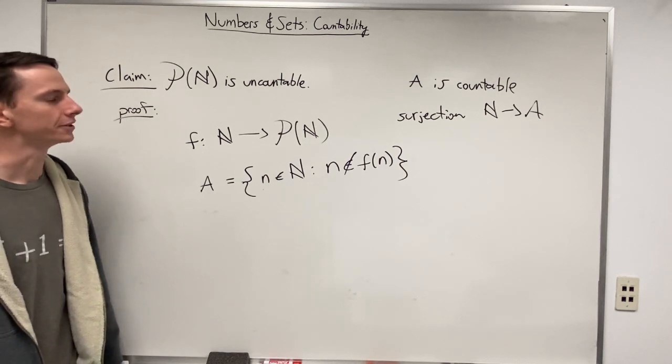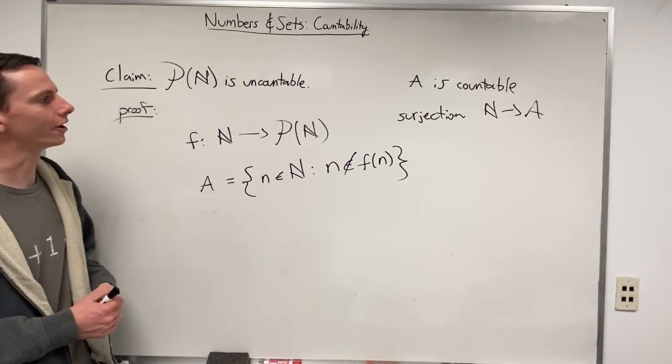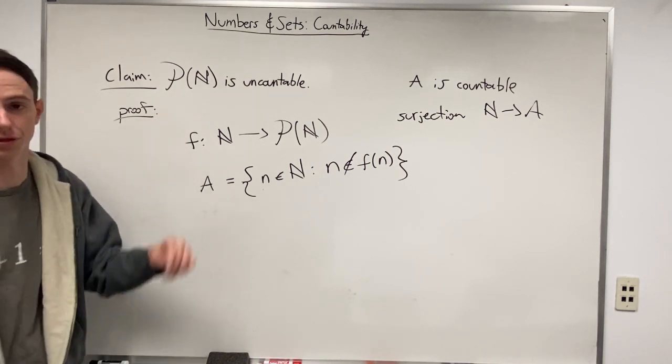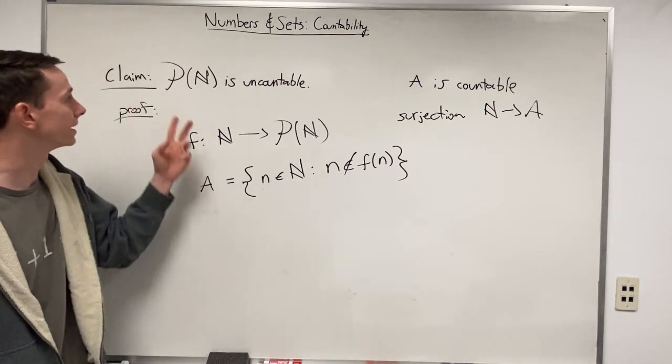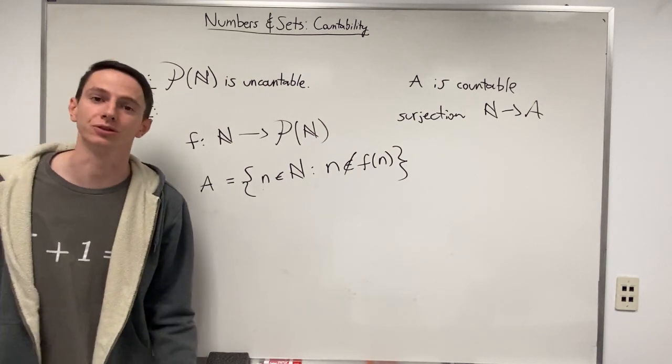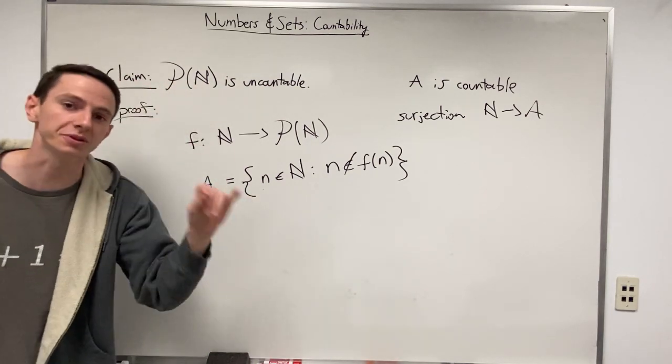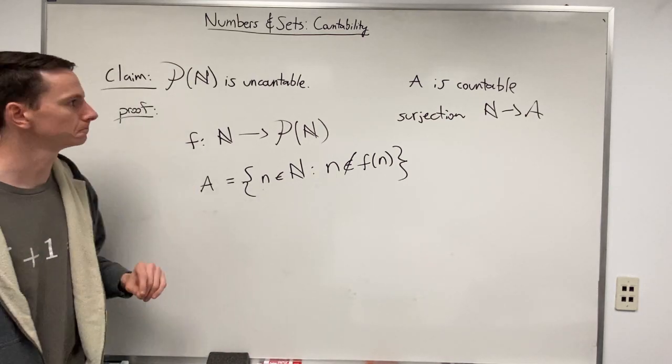Okay. So we now have two examples of an uncountably infinite set. We have both the set of all real numbers and now the power set of the natural numbers, or more generally, the power set of some countably infinite set.